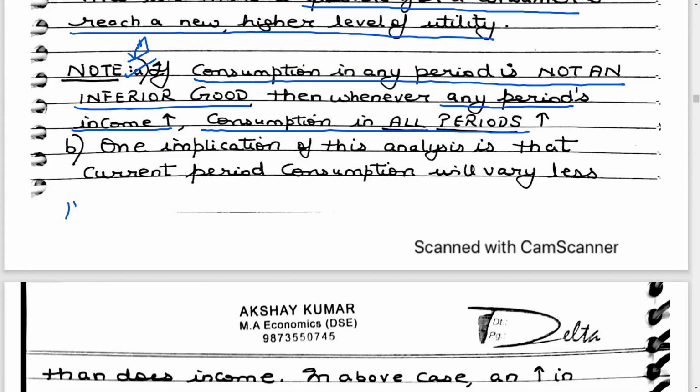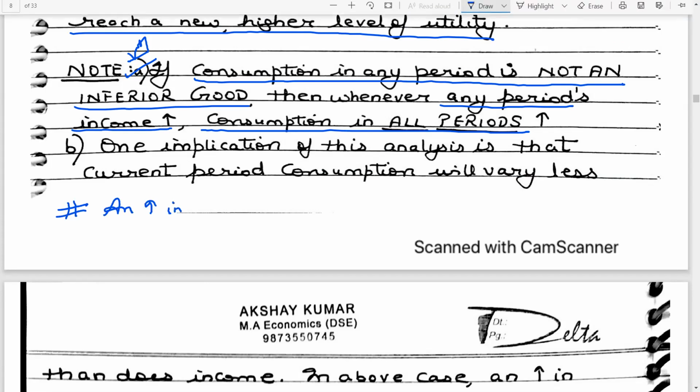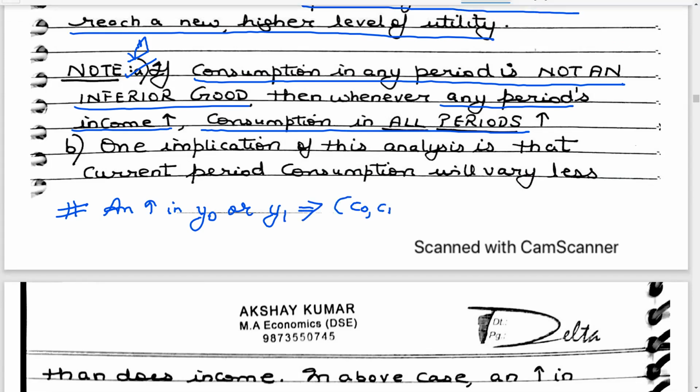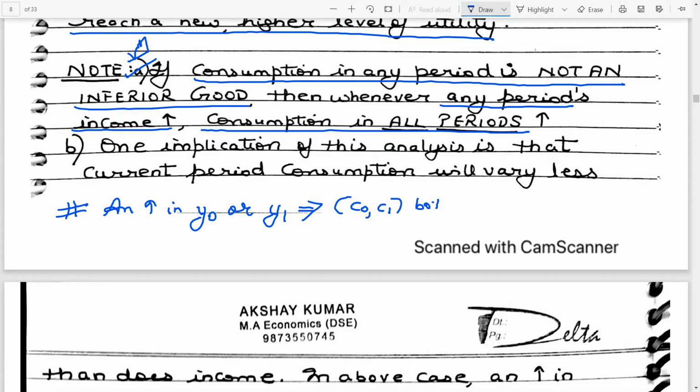So we are trying to point out that an increase in today's income Y0 or the future income Y1 implies consumption in both periods, C0 and C1, will go up. So I can write it like this: C0 and C1 both will go up.